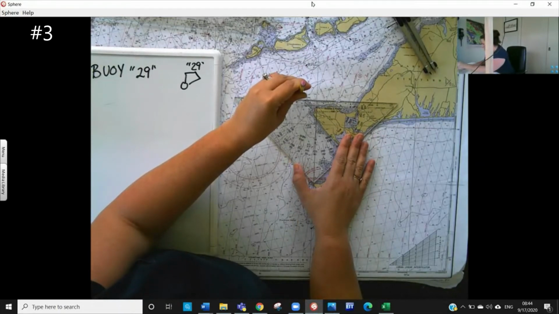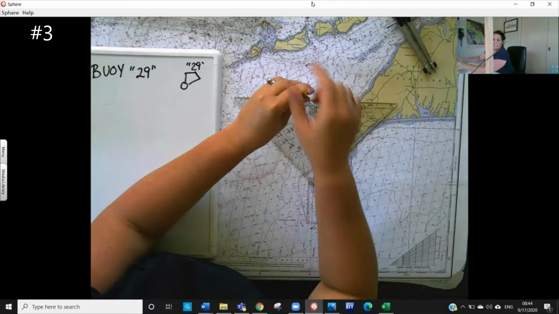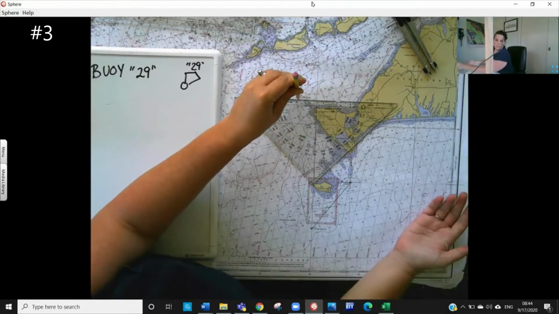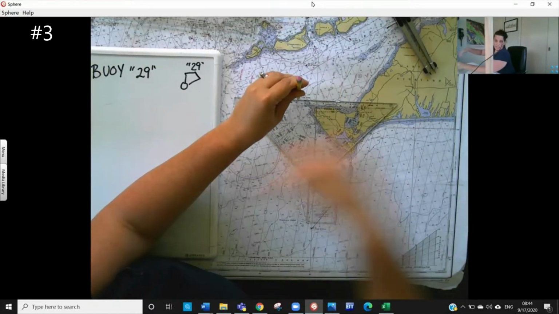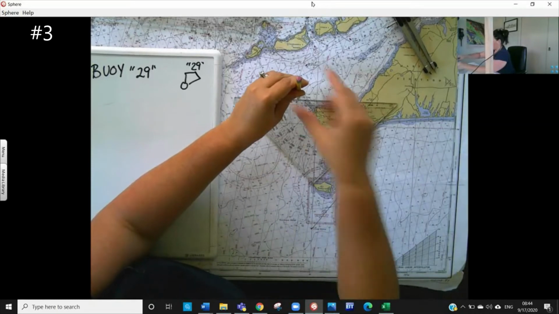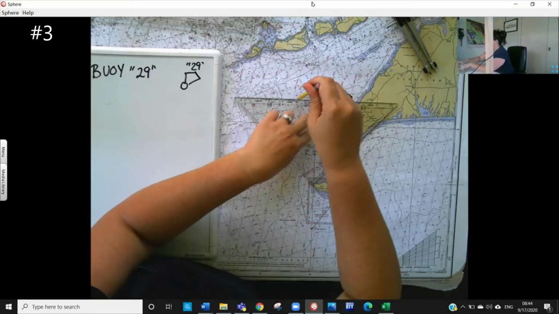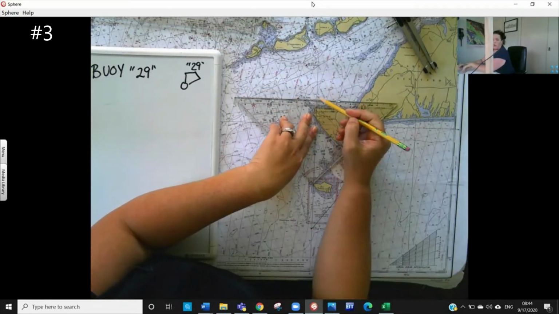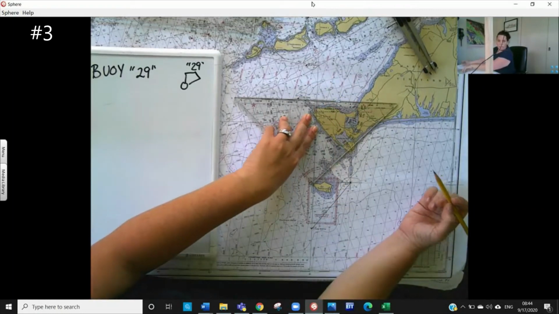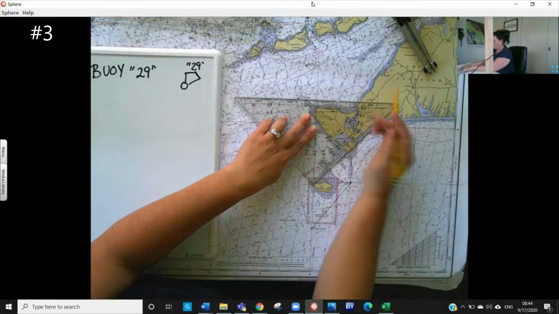So anything along the long side of the triangle is now a latitude line. It is even parallel with the latitude line. So I'm just going to draw a short line until it crosses the bold longitude line.